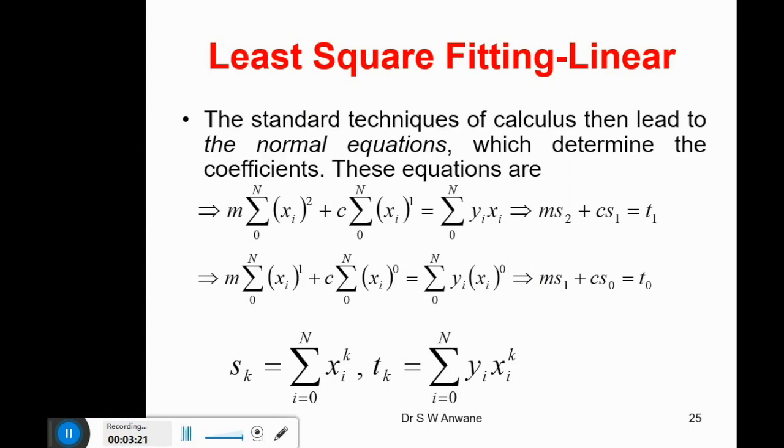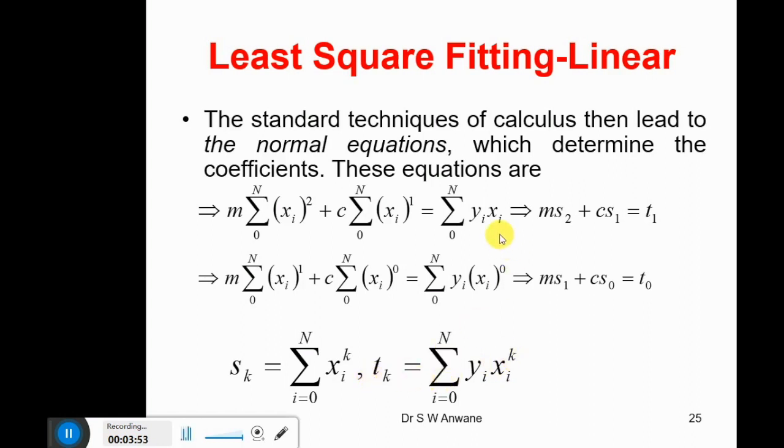Now, by this tricky rearrangement, we have finally m s2. Here we are substituting s2 as summation x to the power 2. Then summation xi to the power 1, you can write s1. So these summations I am writing as s2, s1, and this mixed product xi yi, that is yi into xi to the power k, so that is tk.